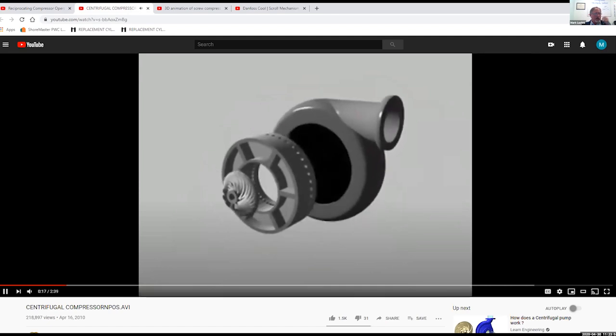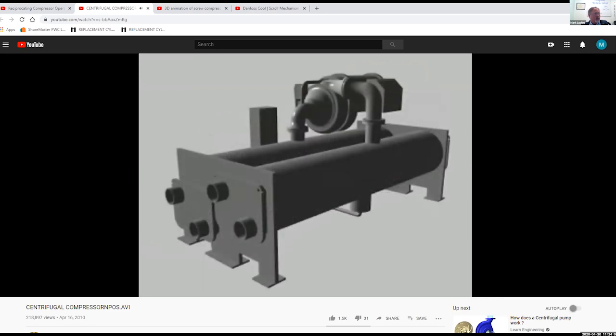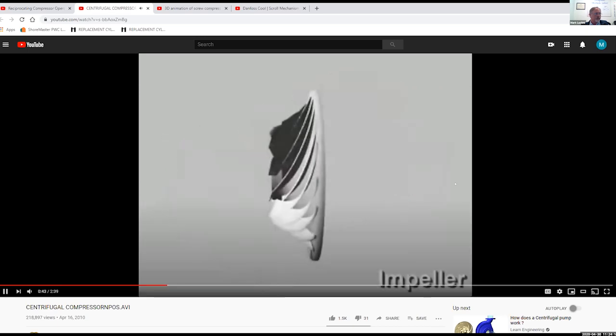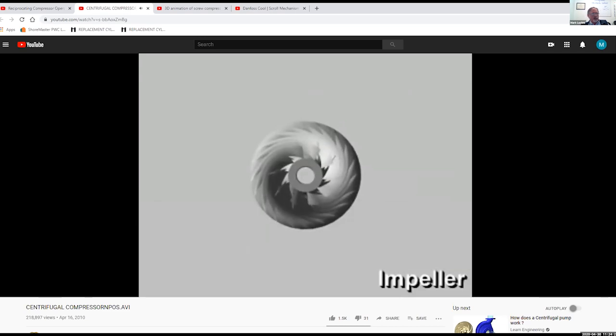So basically, there's three parts to a centrifugal compressor: the impeller, the diffuser, and the volute casing. Larger compressors actually have multiple impellers, so you have multiple stages. The impeller is like you've seen for pumps, the same thing.